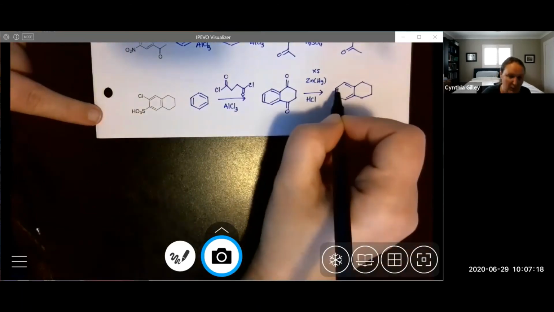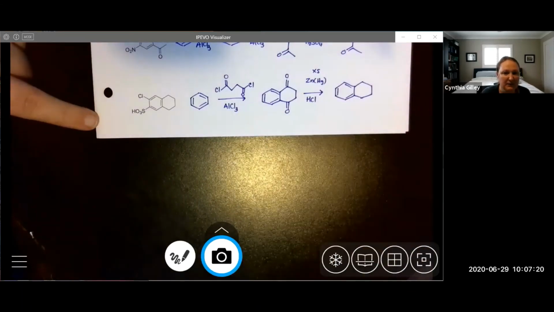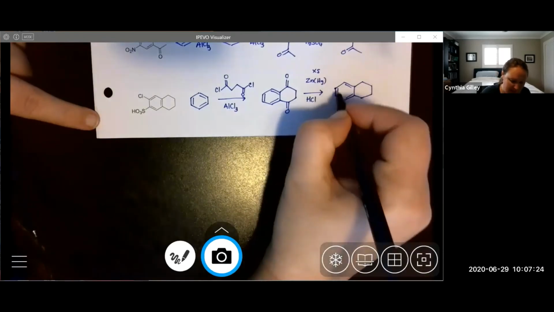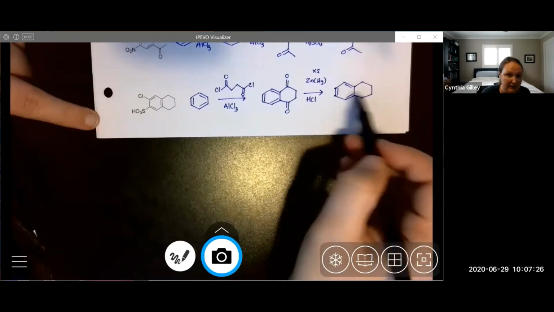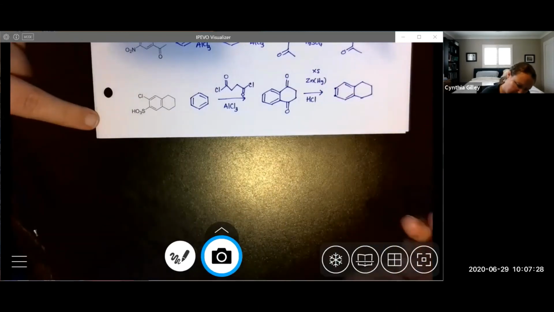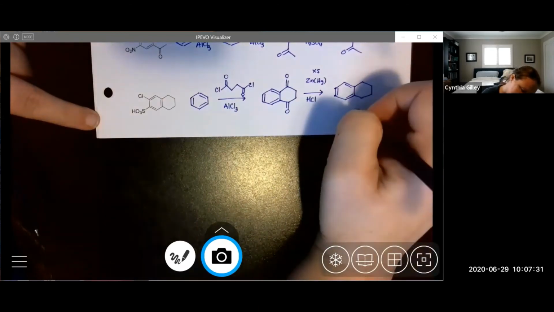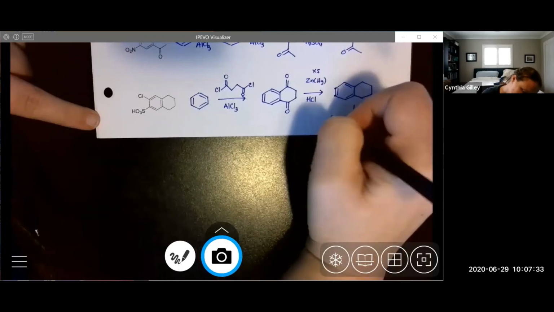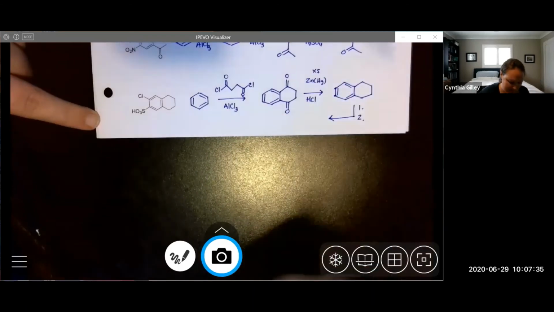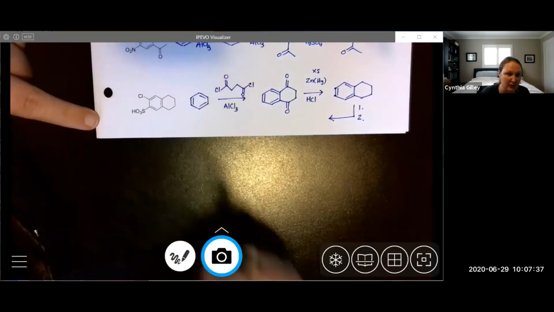Those are weak activators and ortho-para directors. These two positions are equivalent because of the plane of symmetry. And in this case, I need to introduce the sulfonyl group and the chlorine.